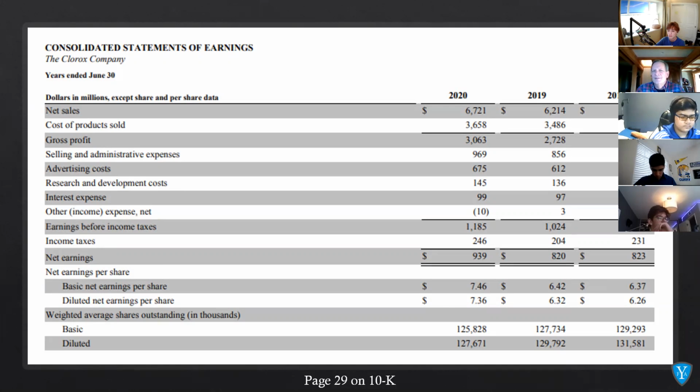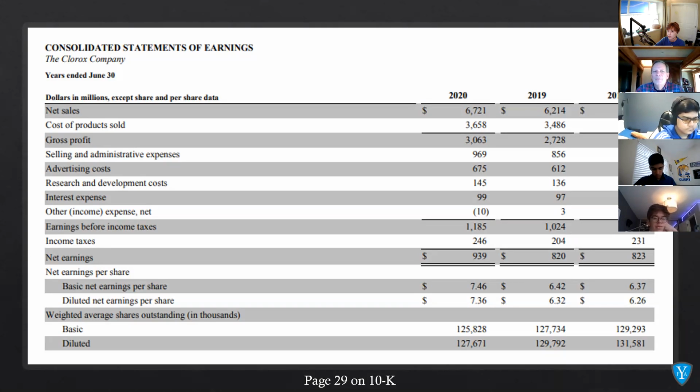This is what it takes for them to manufacture the product that they sold. So if they were selling only Clorox bleach, they would buy the raw materials, run a factory, do all these things, and at the end, they end up with a bunch of bottles of bleach, and this is how much it costs them to produce all those bottles of bleach.